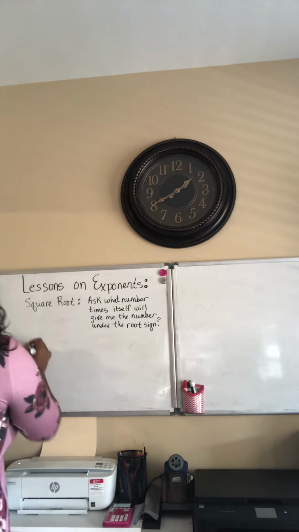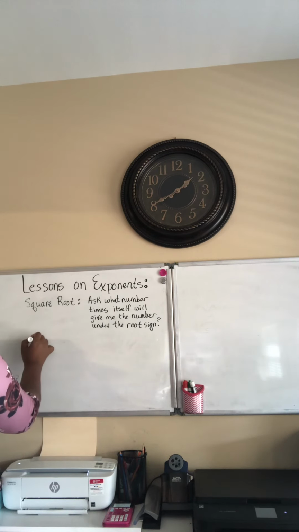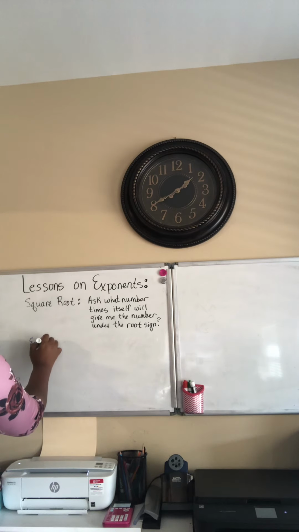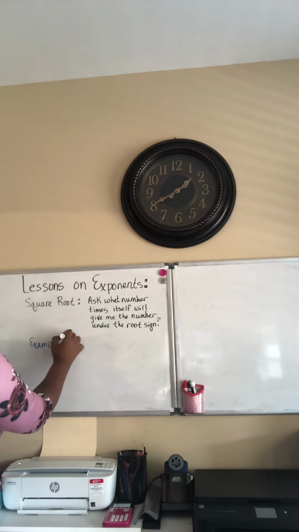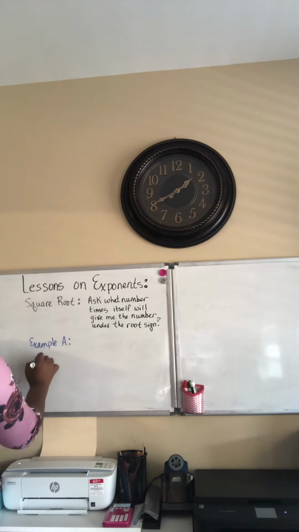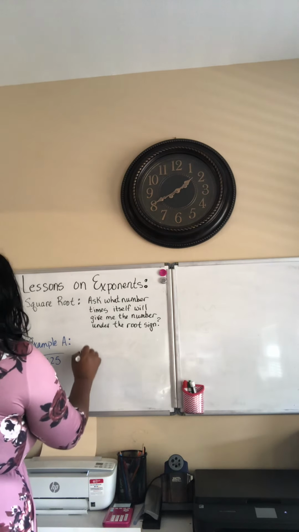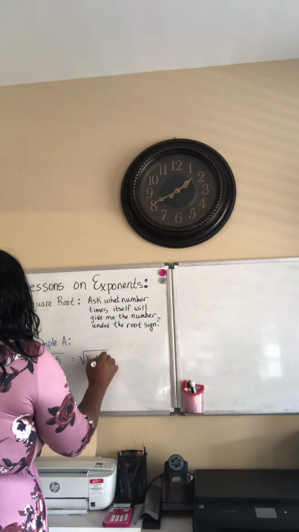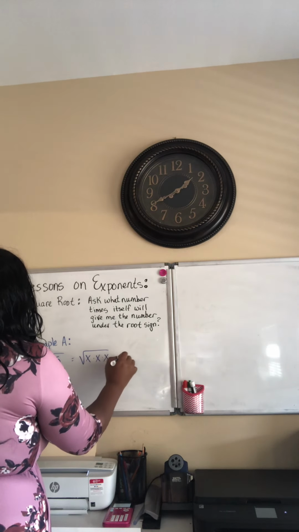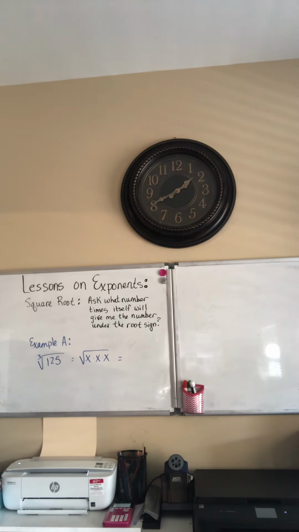These are sometimes more easily explained if we just use examples. So we're going to call this example A. Let's say we have the cube root of 125. Now the question is, what number times itself 3 different times will give me 125?